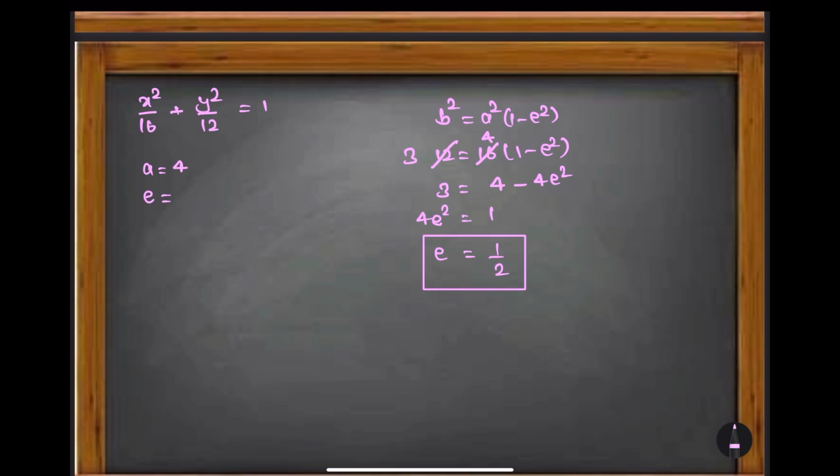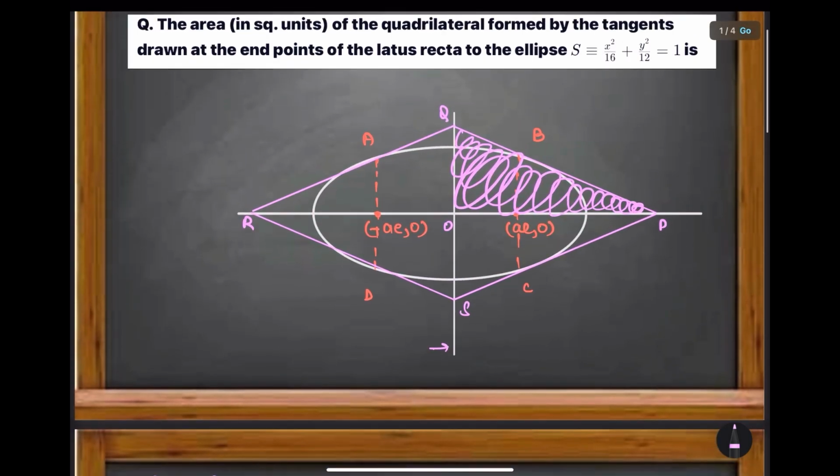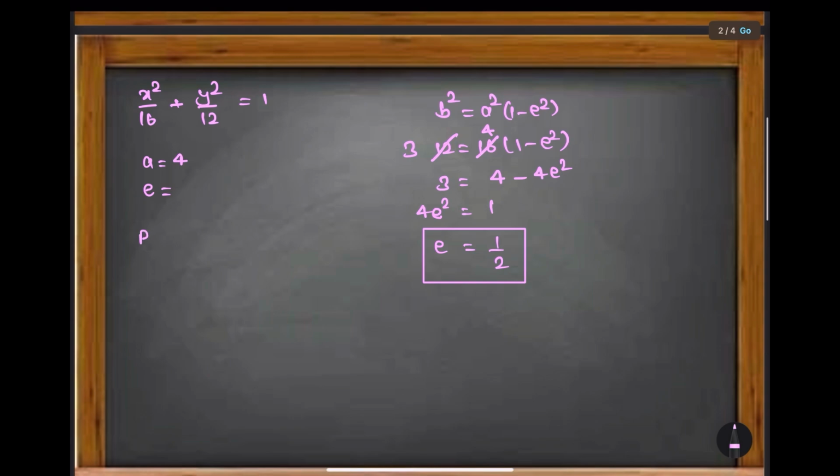So can I say that the point B will be over there? The x coordinate will be AE only. A is 4, E is 1 by 2, so the x coordinate will become 2. If x is 2, we have to find the y coordinate. So it will become 4 by 16 plus y square by 12 equals 1.